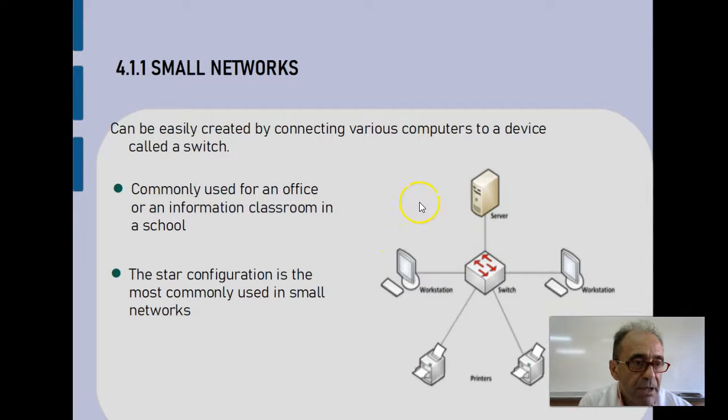We call it a small network because all the devices are very close to each other, as happens at home. We may have more than one workstation or client computer connected to a switch, and we can share some hardware, for example printers.